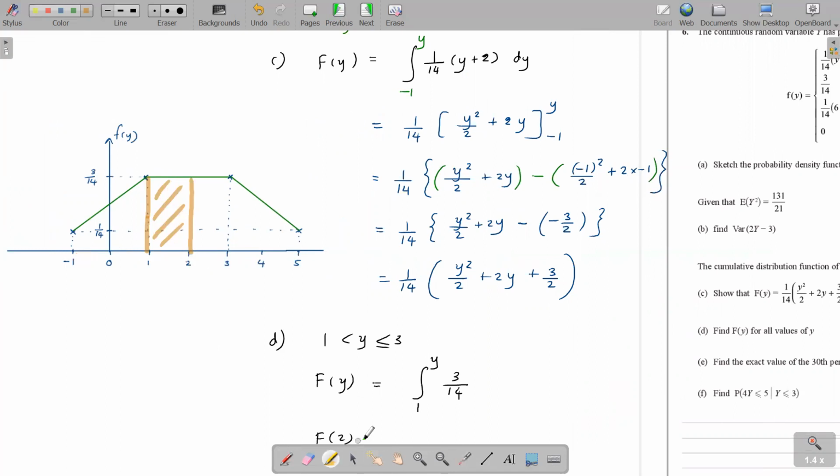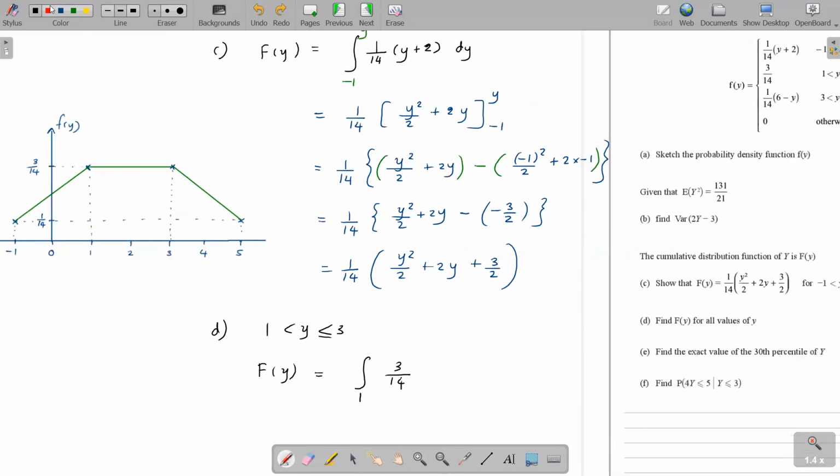Are you with me? So to get this answer, what should I do? Can you all suggest the correction I need to do here? I have to add what? This is from -1 to y, and then this is dy. So this gives me the area only from 1 to any point that we give.